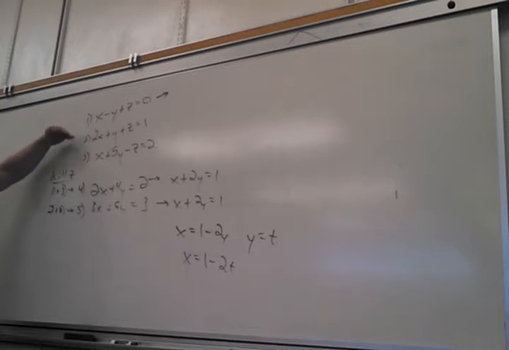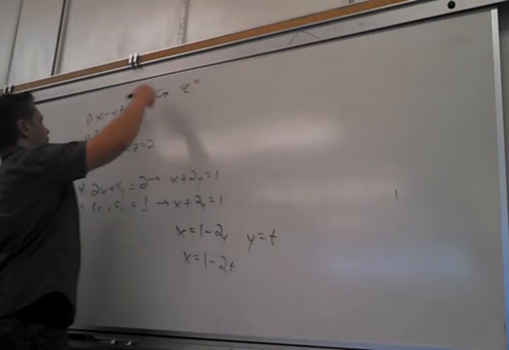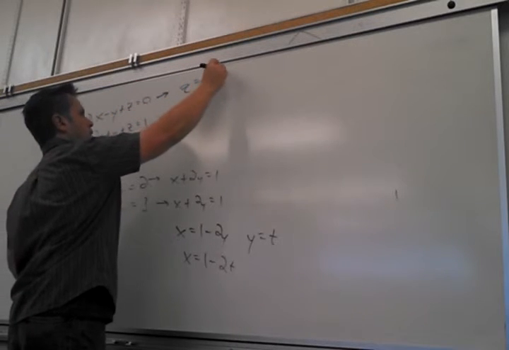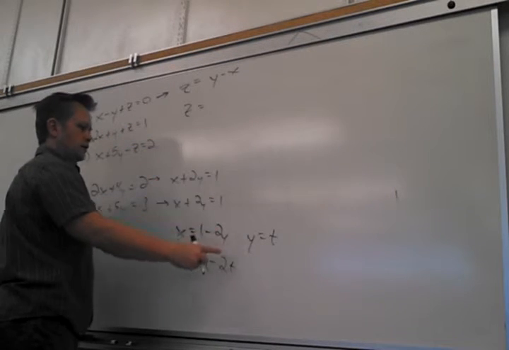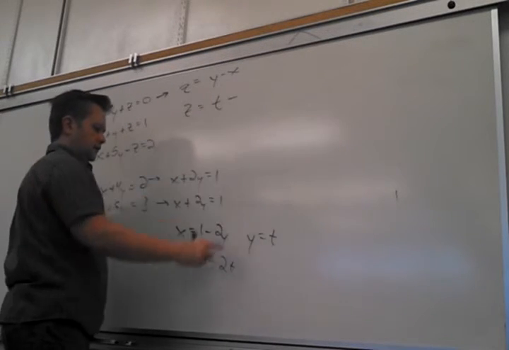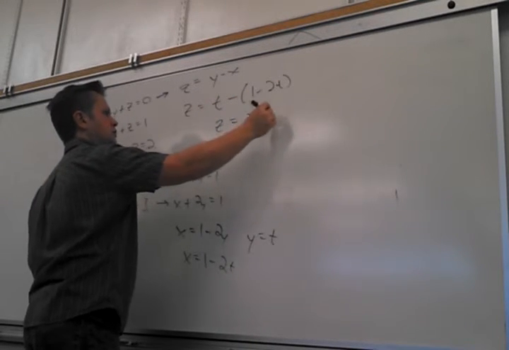So which one of these do you want to use? Yeah, solve for z. What do you get if you solve for z? 3t minus 1. Yeah, let me catch up to you. So z is y minus x. Is that cool? Add the y, subtract the x. So z is y minus x. So z is 3t minus 1.